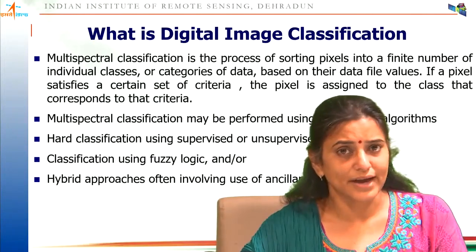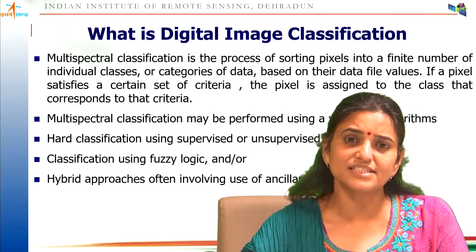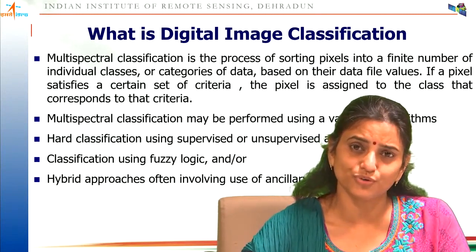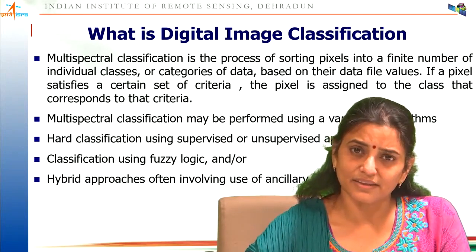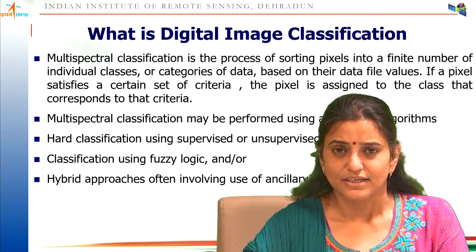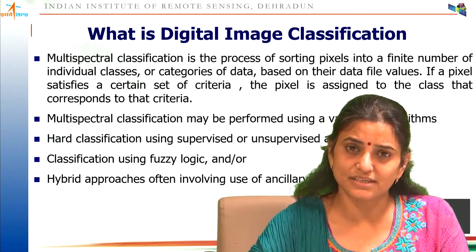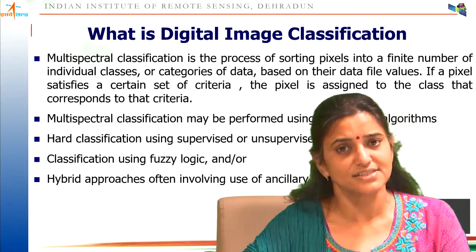As you are all aware, our remote sensing data is multispectral data. Multispectral, what do we mean by multispectral? Multispectral means that the data is collected in multiple spectral bands. Spectral band means the range of the electromagnetic spectrum to which the sensor is sensitive.